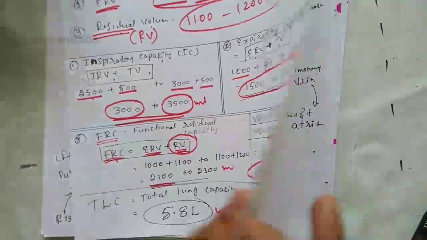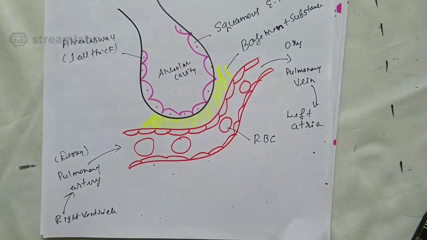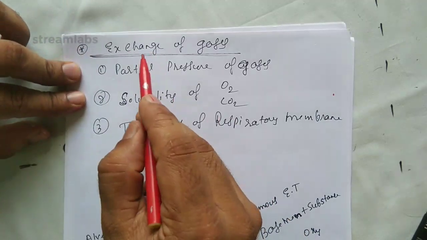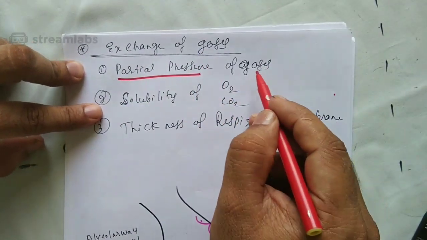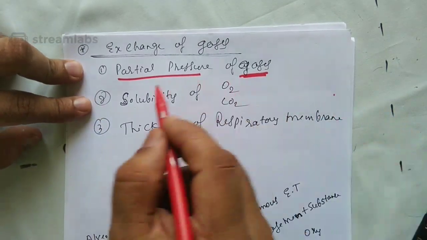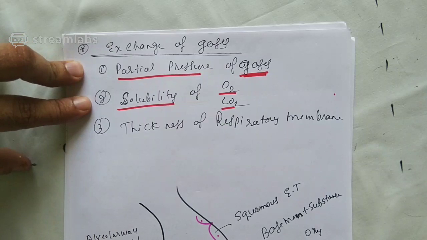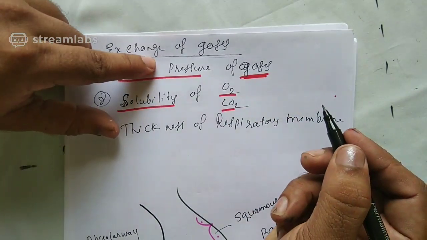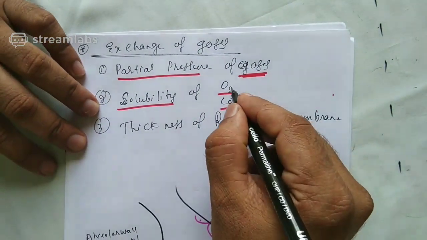I'm moving on, students. After respiratory volumes, we are moving to the next aspect, the exchange of gases. The exchange of gases is because of three factors. Partial pressure of gases is one factor. Second, solubility of gases, of oxygen as well as carbon dioxide. Partial pressure we will discuss later.